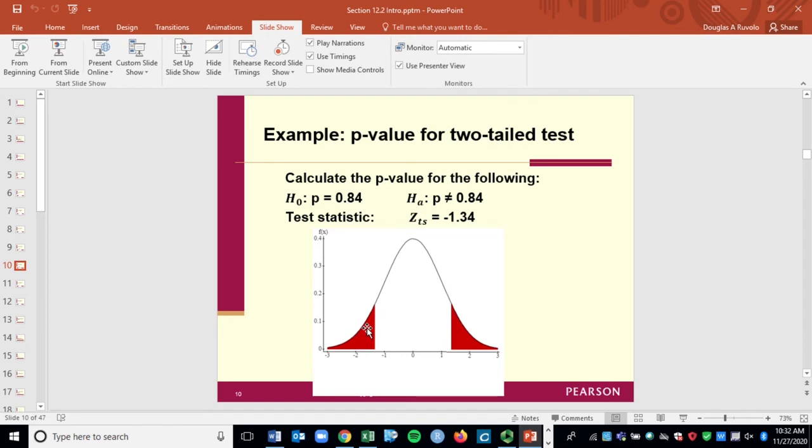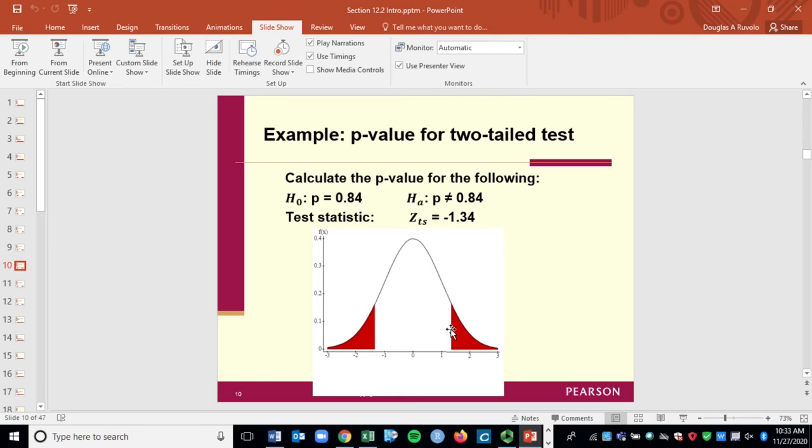Okay, so what's as rare as less than a negative 1.34 in the standard normal table? Greater than 1.34, okay, because we were testing both sides. And so basically we have to add up these two areas, add up these two probabilities, and that would be our p-value. All right, and I would just look up a negative 1.34, and since the standard normal is perfectly symmetrical, we get to just simply double this area.